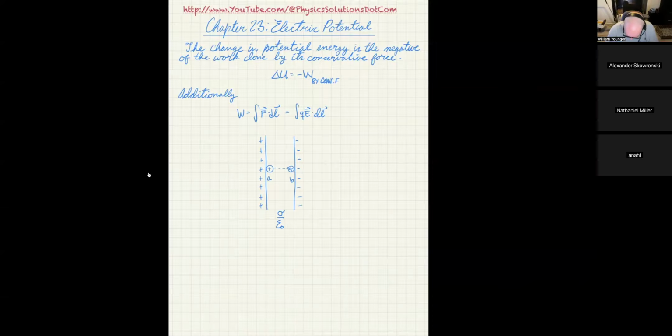And of course, epsilon zero is also a constant. So clearly the force is a constant, and it's actually exactly parallel to the path that we're taking. So when we calculate the work done by the conservative force, we would expect that to be a negative amount of work because the actual particle is going to be more comfortable next to the negative charges than it would be next to the positive charges.